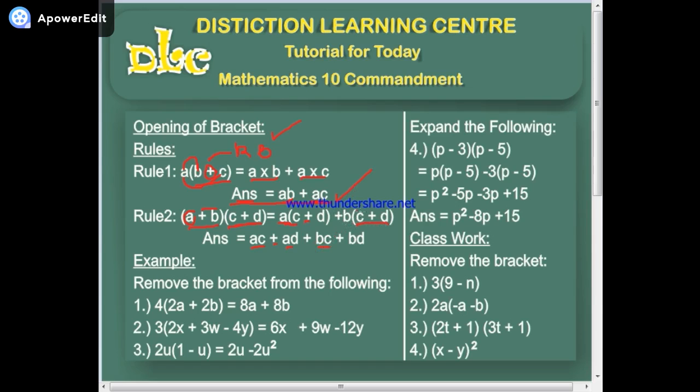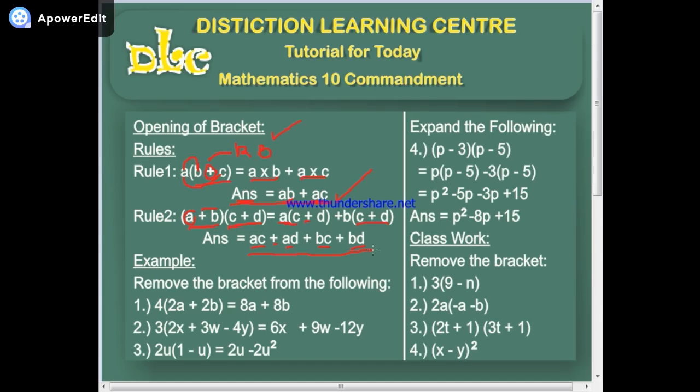And plus times plus will give you plus. And B times D will give you BD. So that means your final answer will now be AC plus AD plus BC plus BD. So that means we are good to go. So those are the rules of opening of bracket.